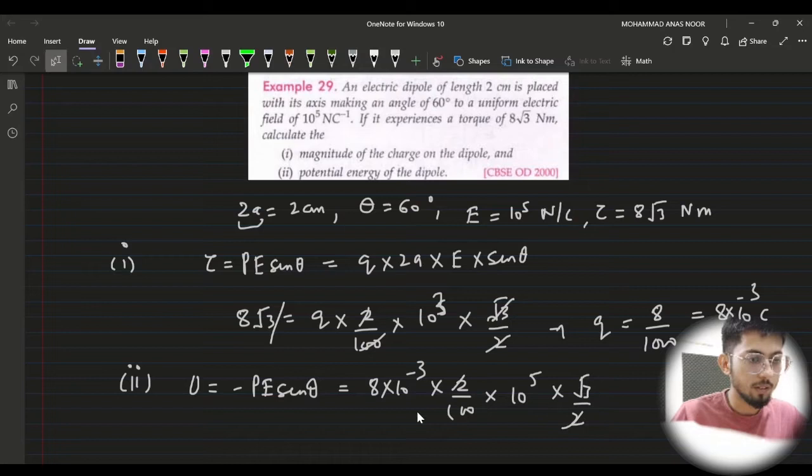This cancels out. 10 to the power minus 3 and plus 5 is 10 to the power 2, that is 100. This 100 will cancel out that 100. So the final answer is minus 8 only.